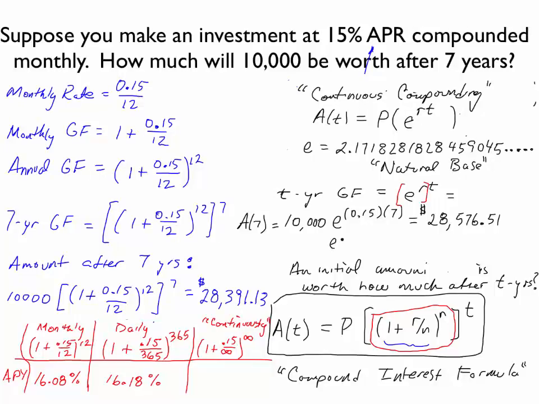So e to the 0.15. This is going to be the 1-year growth factor. And you should get 1.1618. Keep going. 1618342. So let's do 3, 4.